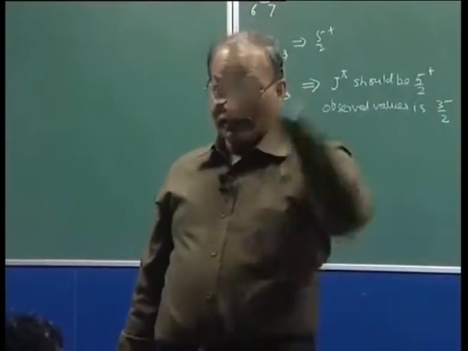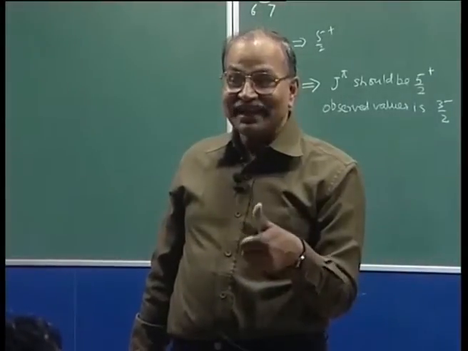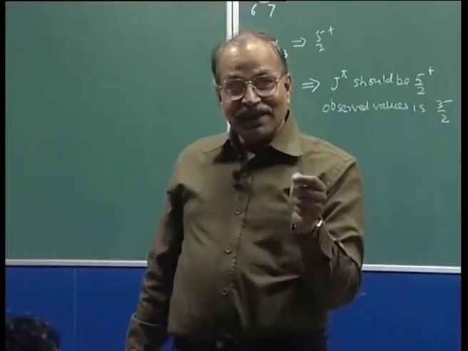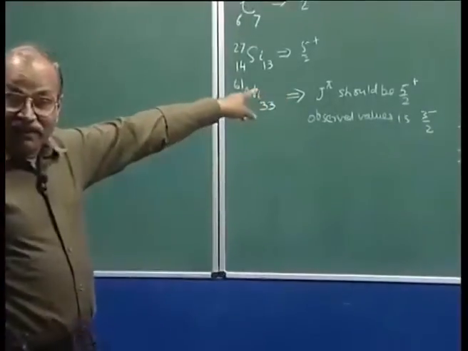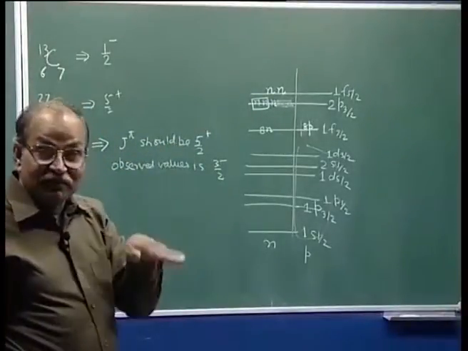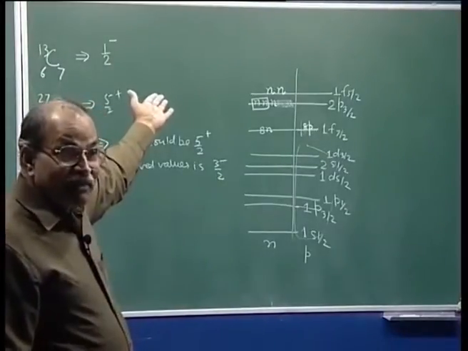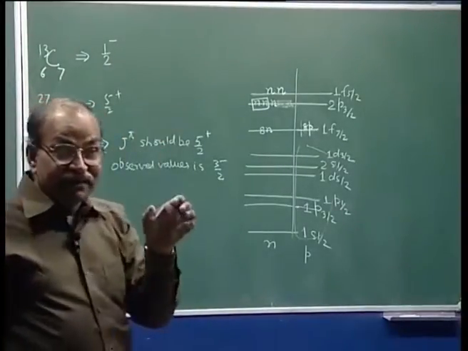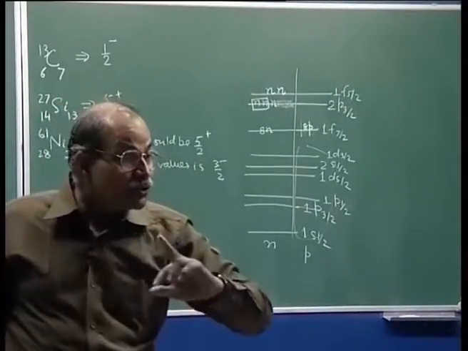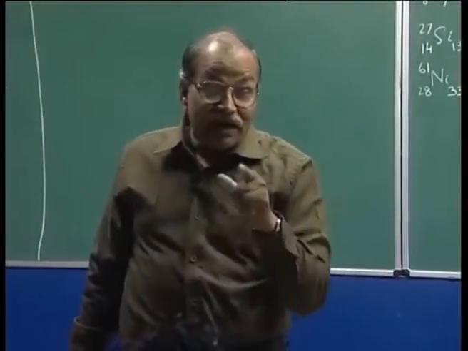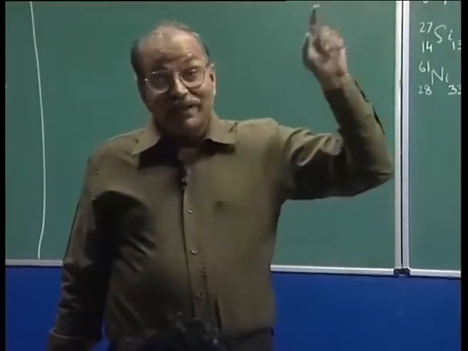It is not fixed, it depends on L. If 2 neutrons pair up in p level, the pairing energy will be different. If they pair up in f level, it will be different, and the amount by which the total energy of the nucleus is reduced due to pairing is larger if the pairing is made in a larger L state.